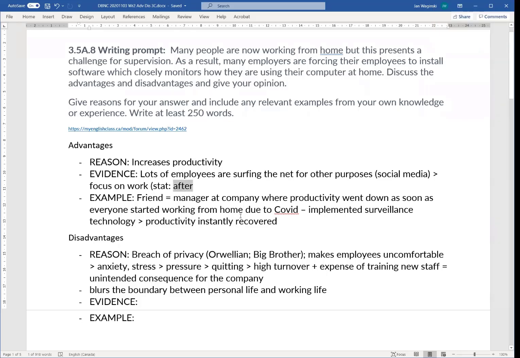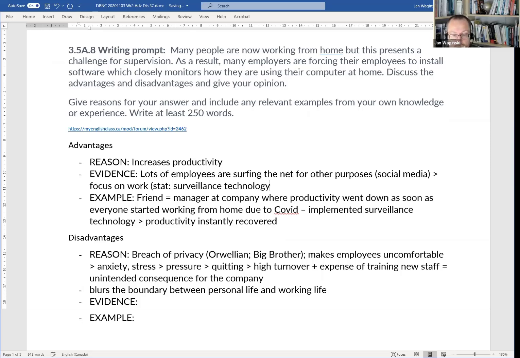You can just say it was a statistic reported in the New York Times this year. According to a study reported in the New York Times this year, companies that implement this kind of surveillance technology see significant growth in productivity.